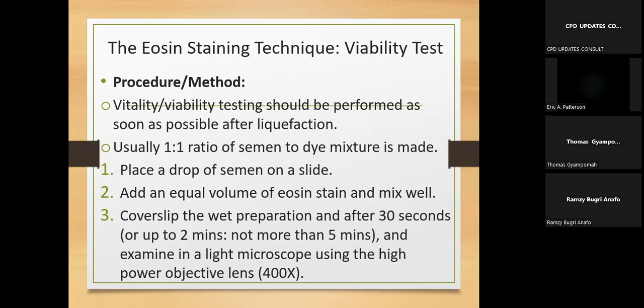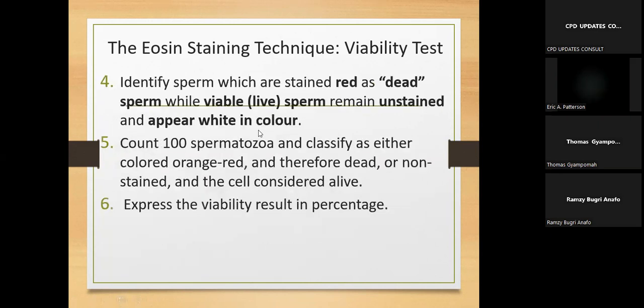Okay. Now, as we discussed over again, those who will be staining, they are dead. Those who are not staining, then you are looking at the percentage of those who are dead versus those who are not dead, and strike out your percentage. Very, very simple to do. So identify sperm which are stained red, which are of course dead, while viable sperm are unstained and therefore appear white or colorless.